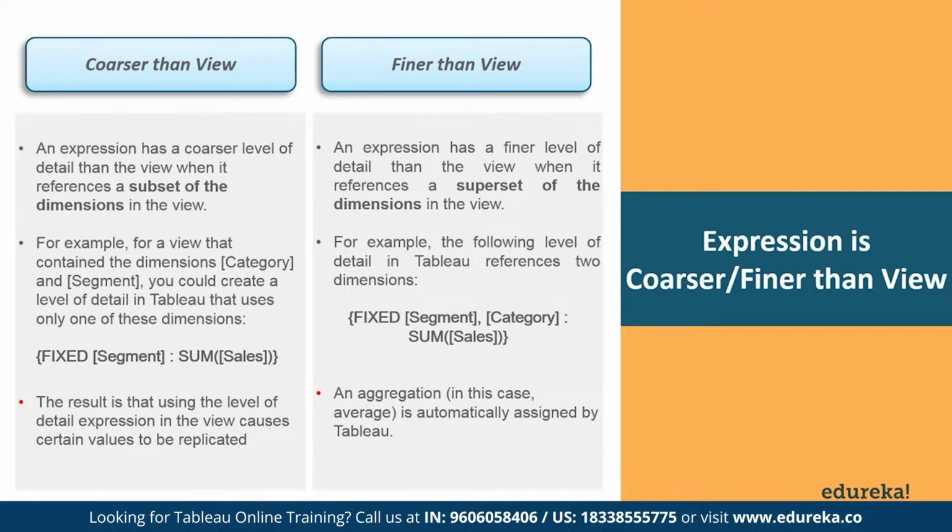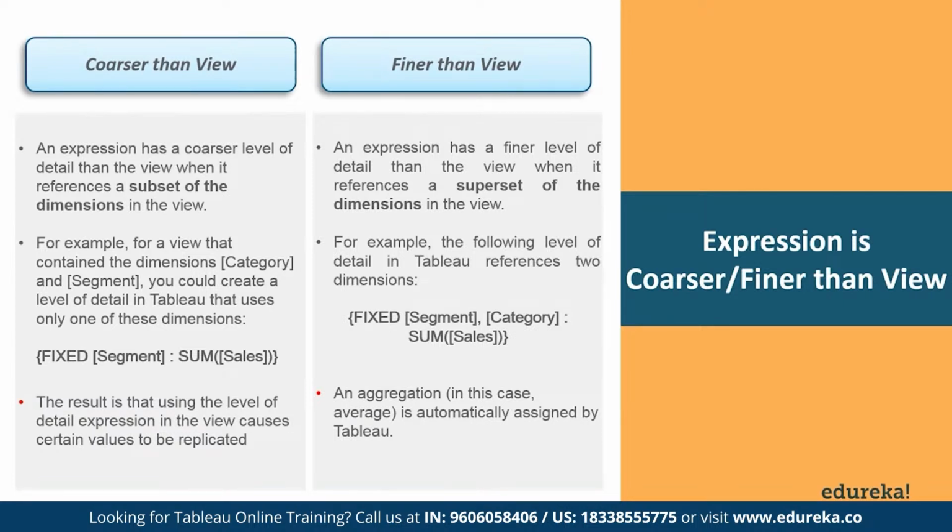So what do we mean by coarser or finer in this case? If I say the level of detail expression is coarser than the view level of detail, I mean that it references a subset of the dimensions of the view. For example, for a view that contained the dimensions category and segment, you could create a level of detail expression that uses only one of these dimensions.